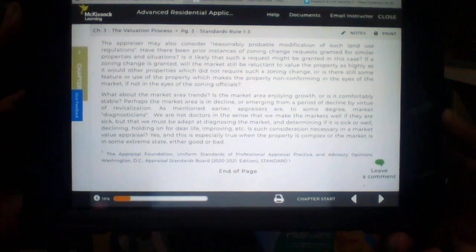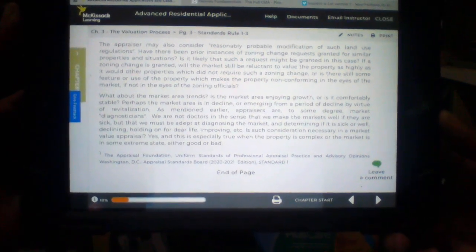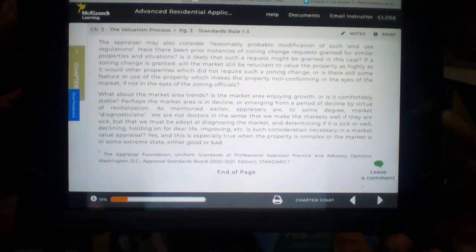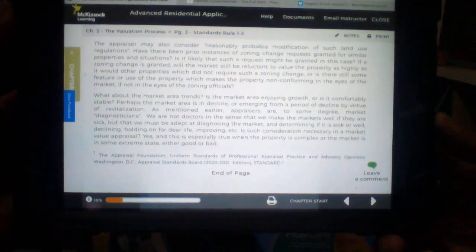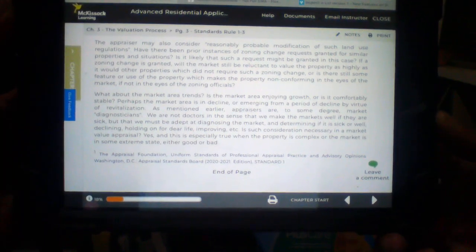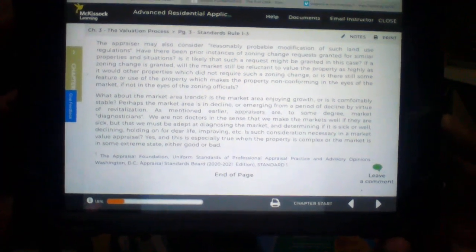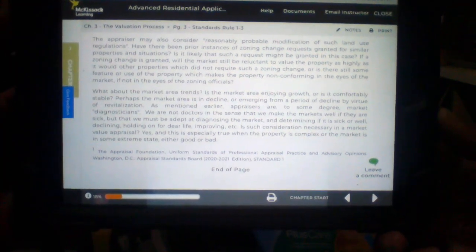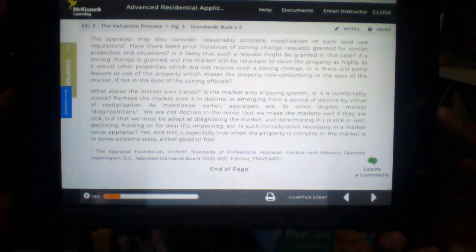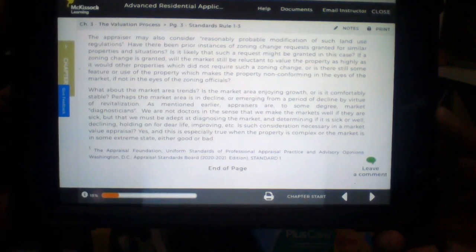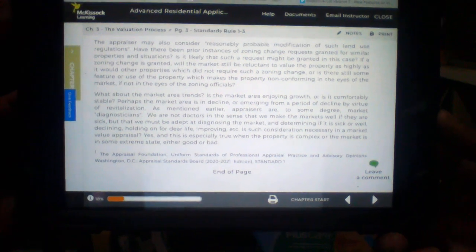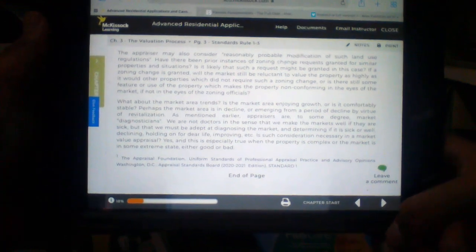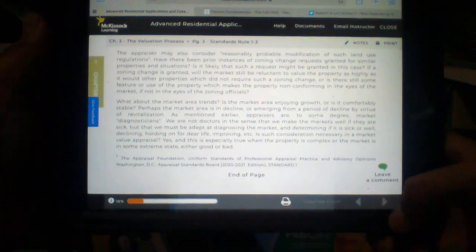We are not doctors in the sense that we make the markets well if they are sick, but we must be adept at diagnosing the market and determining if it is sick or well, declining, holding on for dear life, improving, etc. Is such consideration necessary in a market value appraisal? Yes, and this is especially true when the property is complex or the market is in some extreme state, either good or bad. End of page.